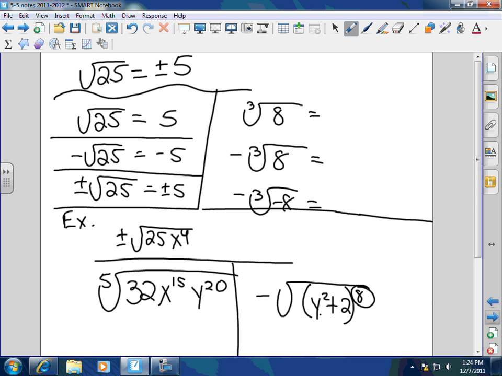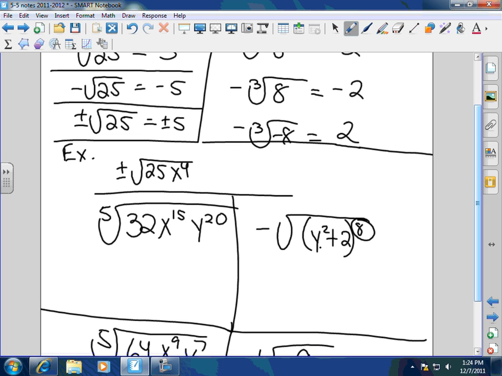For the cube roots, it's kind of the same thing. There's only one positive cube root of 8, and that'd be 2. The negative cube root of 8 would be negative 2. But the negative cube root of negative 8 would be positive 2, because the cube root of negative 8 is negative 2, and a negative times a negative is a positive.